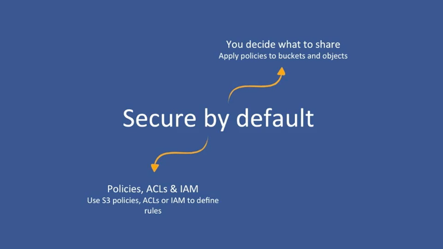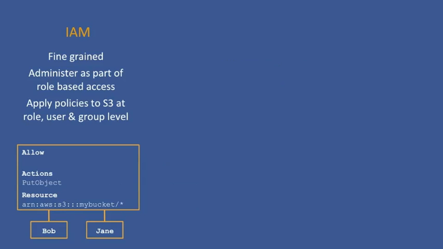So let's have a look at those three things now. The first, which is IAM, is the overarching, if you like, role-based access control within AWS. This gives you fine-grained control over who can do what around S3. So you might administer S3 policies as part of a wider role-based access scheme, and then you can apply an IAM policy to users or groups.